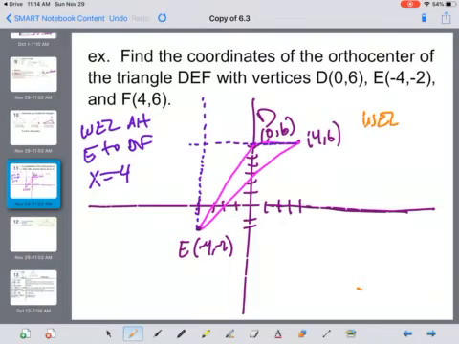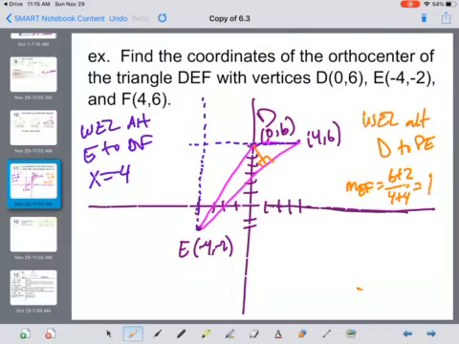Then I'm going to write the equation of the line of the altitude from D to FE, which means I need to first find the slope of EF. When I plug those into the slope formula, using points E and F, I'm going to get a slope of 1, but I don't want the slope of EF.